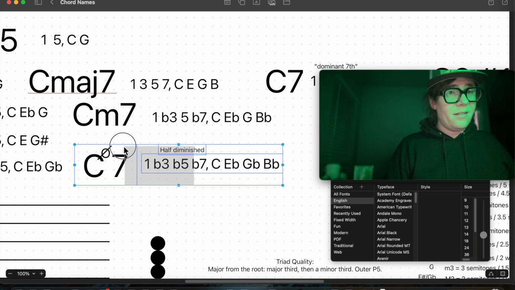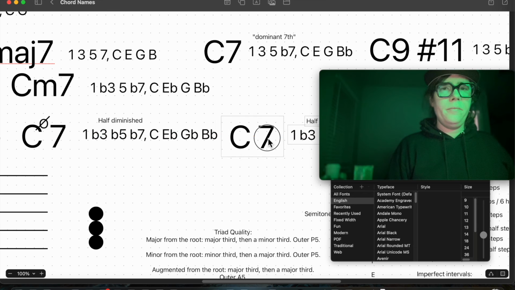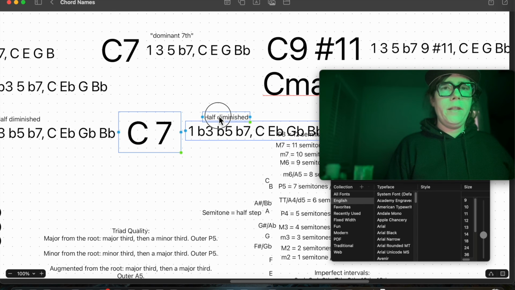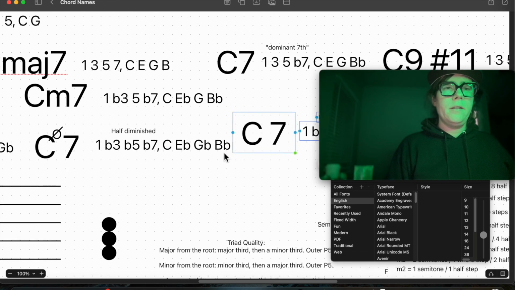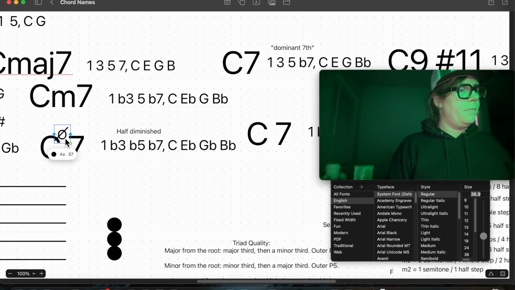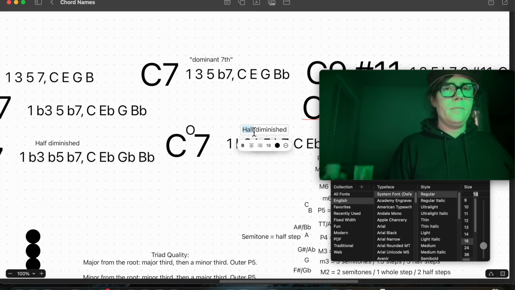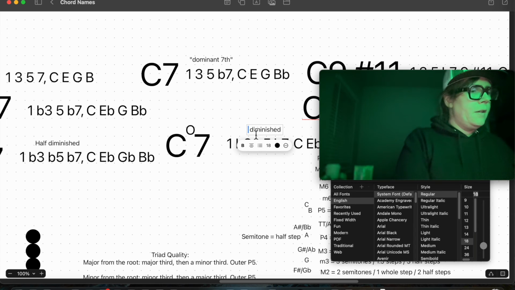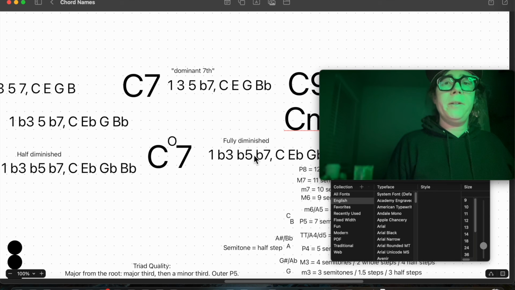And then clone it. And then, oops, we're running up against the text. Fine. Fully diminished.